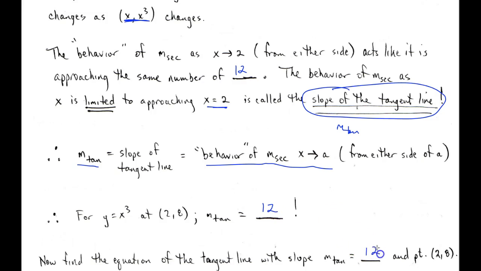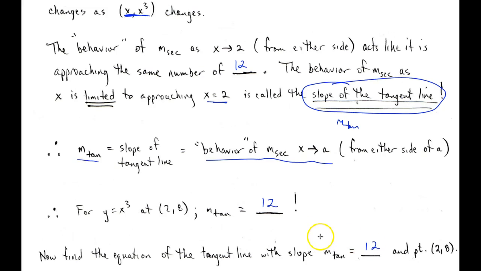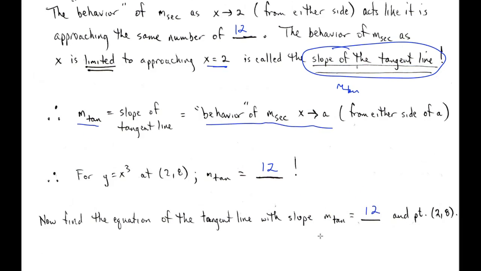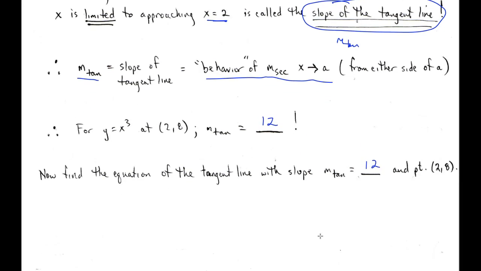So now what we want to do is find out what is going to be the equation of the tangent line with the slope of 12 and the point 2,8. Of course, here we could use the point slope form of the equation of a line, where 2 will be our x1 and 8 will be our y1.